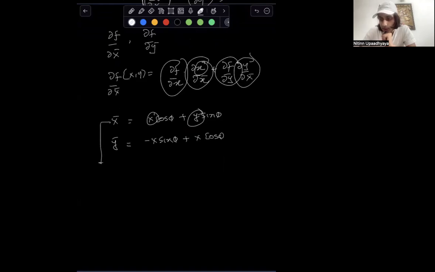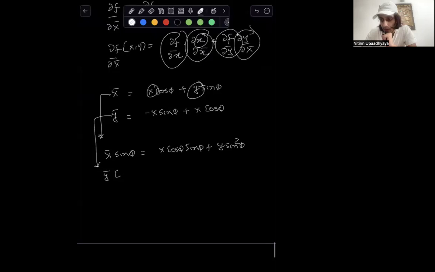So let's say I multiply both sides of this expression by sine φ. Then on the right hand side, we have x cosine φ sine φ plus y sine square φ. And I take this expression and multiply it with cosine φ. So ȳ cosine φ is minus x sine φ cosine φ plus y cosine square φ.